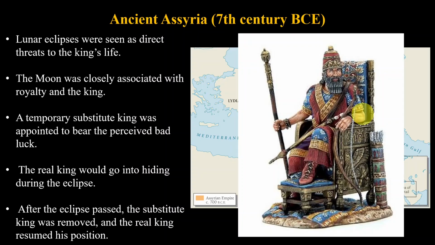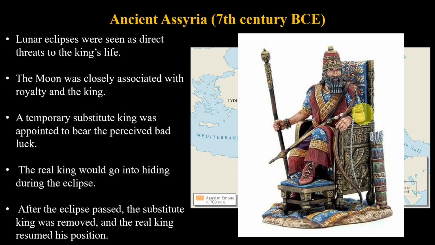When the lunar eclipse occurs, the curse will be placed on that substitute on the throne. After the lunar eclipse, the king will come back and assume his throne. That is how they avoided the curse hitting the king.